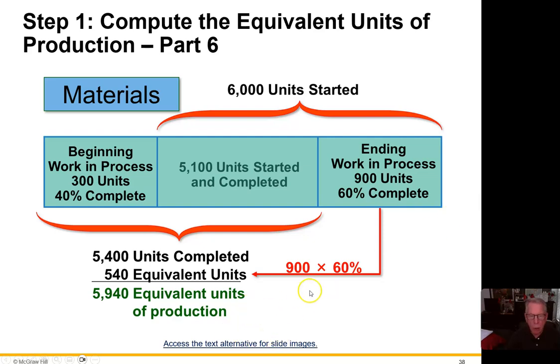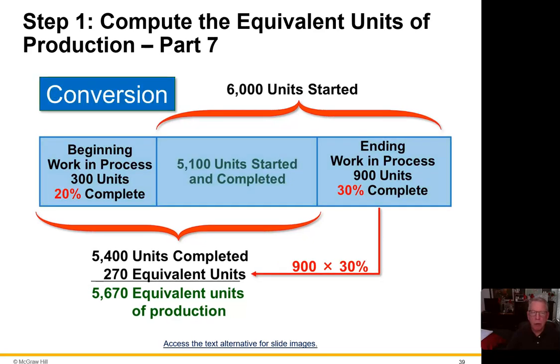So we're going through that calculation again, this time showing you that we're not considering the beginning work in process in this calculation here. We're assuming that that is going to ripple through work in process during the month. So 5,400 is completed, 540 equivalent units, and so we got 5,940 equivalent units of production.